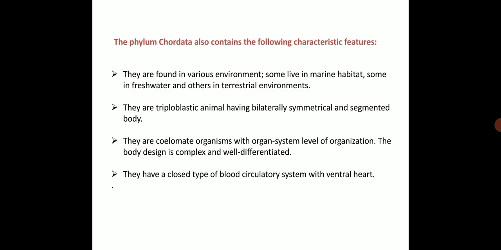That means when you cut in the center, you can see mirror images. They also have a segmented body. Chordates are coelomate organisms with an organ system level of organization. The body design is complex and well differentiated. They have a closed type of blood circulatory system with a ventral heart.